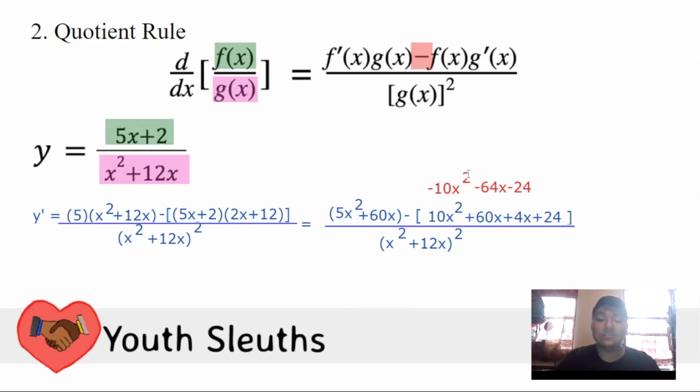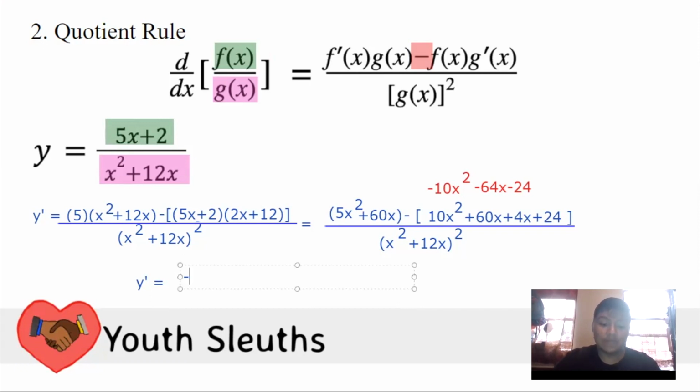So now for our final step, we must combine like terms, and then we'll have our final answer. So we have that y prime equals, first combine the x squared. So we have 5x squared minus 10x squared.